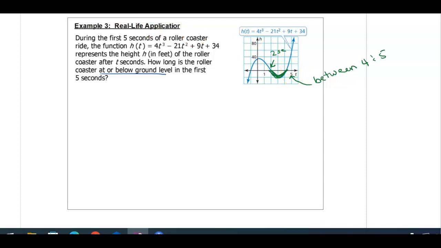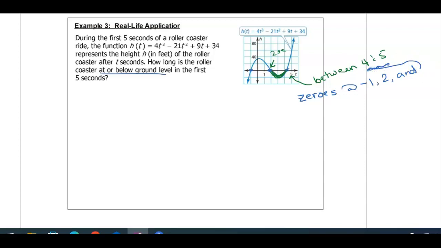So we can find that given this graph, and we're going to find it using factoring. You should be able to look at this graph and say, if we factor this equation, our zeros would be this point, this point here, and this point here. So we know we have zeros at -1, at 2, and somewhere between 4 and 5.